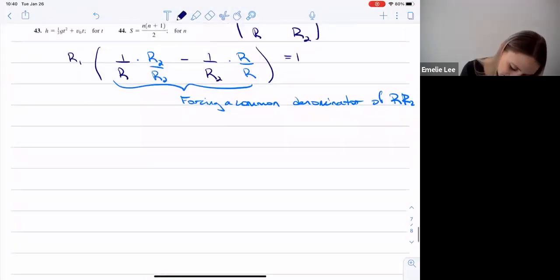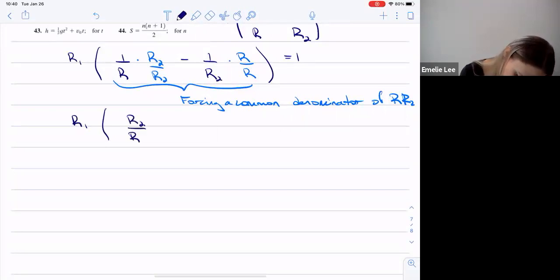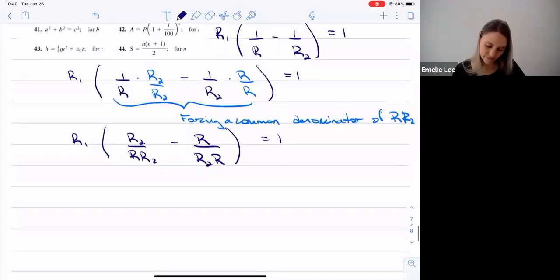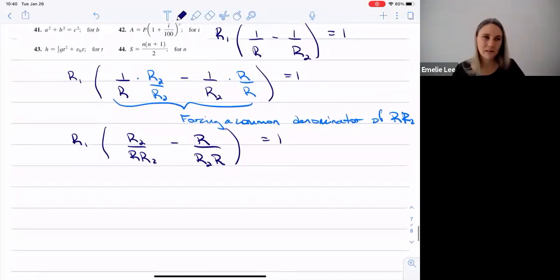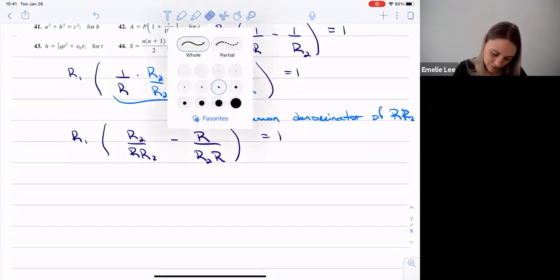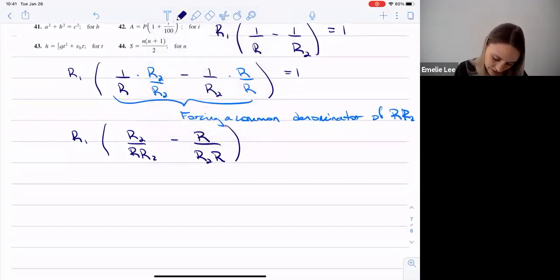So this becomes R1 times R2 over R times R2 minus R over R times R2 is equal to 1. Maybe if I'm going to practice what I preach here, I should try to stack my equal signs, not a big deal.